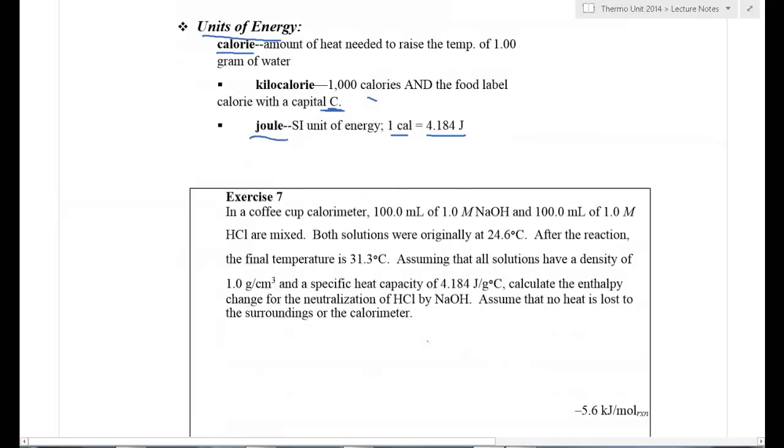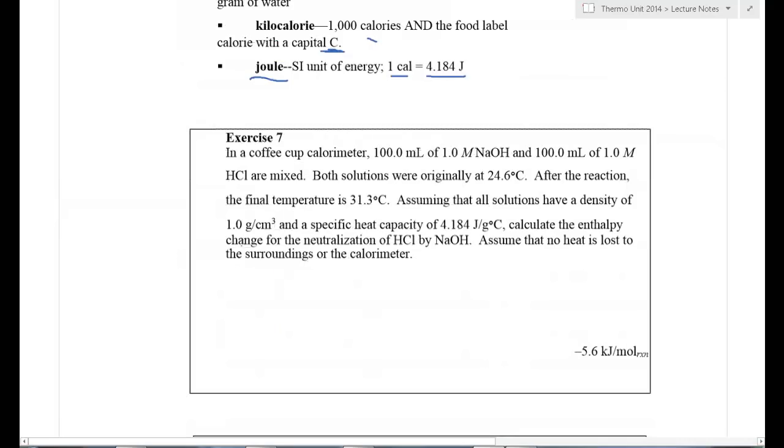Okay, so let's take a look at this problem. We have a coffee cup calorimeter, 100 milliliters of 1 molar sodium hydroxide, and 100 milliliters of 1 molar HCl. Both solutions were originally at 24.6 degrees C. After the reaction, the temperature is 31.3 C. This is going to give us my change in temperature.